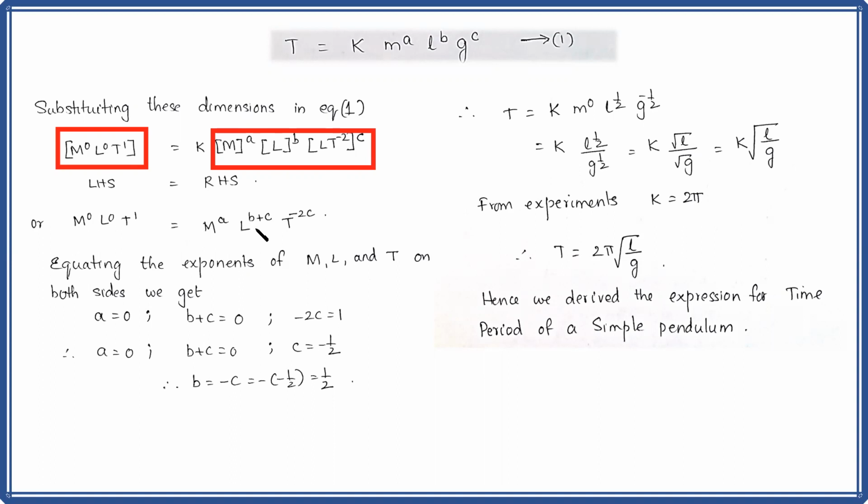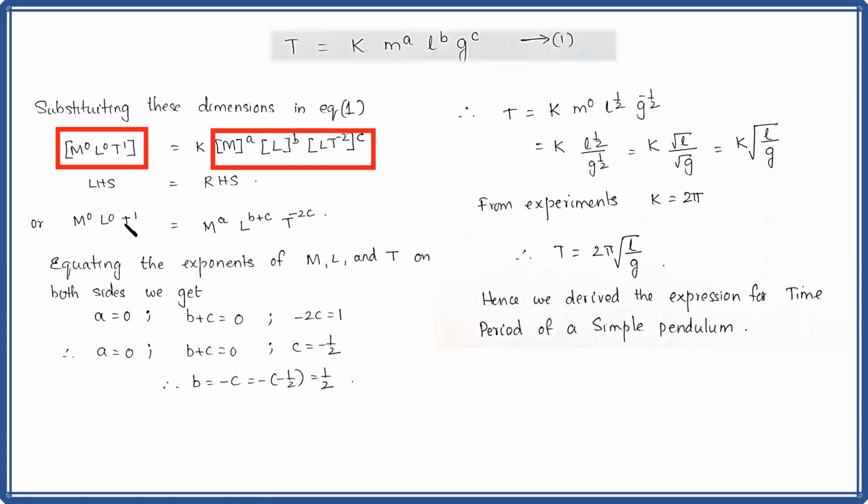Compare the powers on both sides, that is equating the exponents of M, L and T on both sides, we get a is equal to 0. LHS M to the power of 0, RHS M to the power of a, therefore a is equal to 0. Now LHS L to the power of 0, RHS L to the power of b plus c, therefore b plus c is equal to 0.